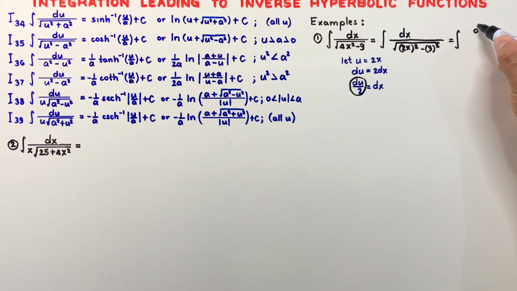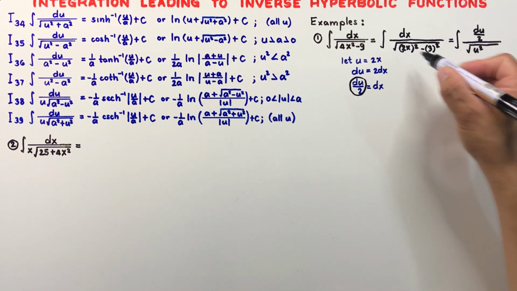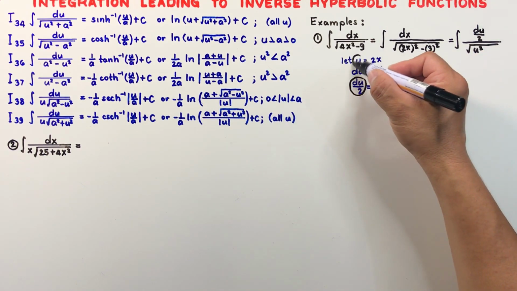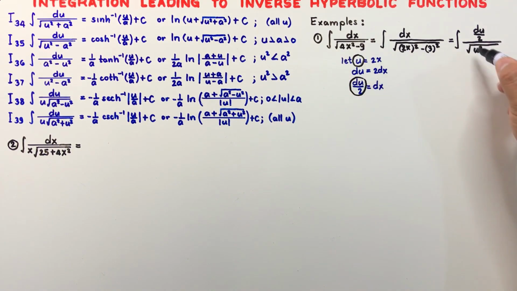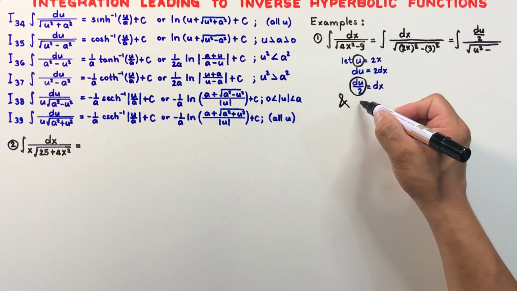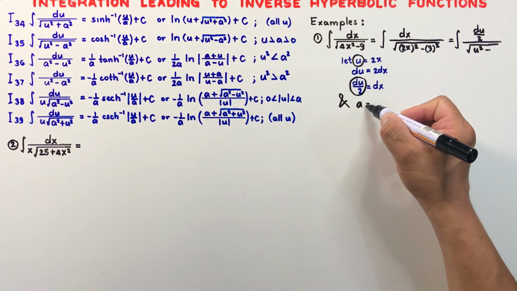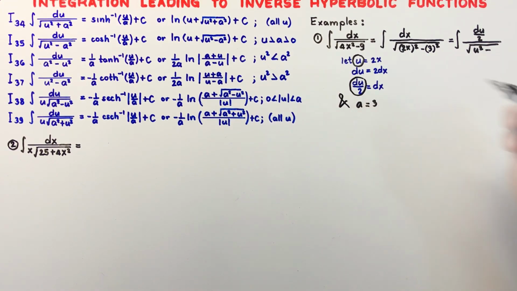So instead of writing dx, you will write du over 2. And this is over the square root of u squared, because 2x is our u here, but we need to square, and then we know that our a also is 3. So this is a squared also.